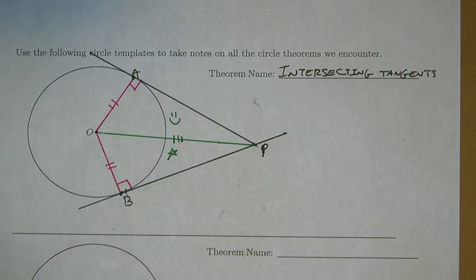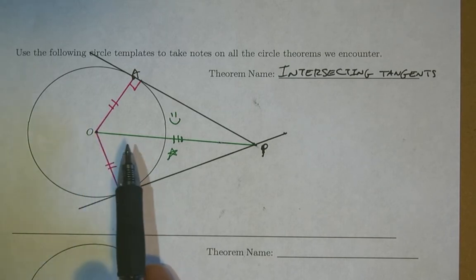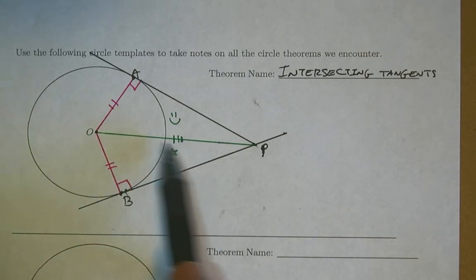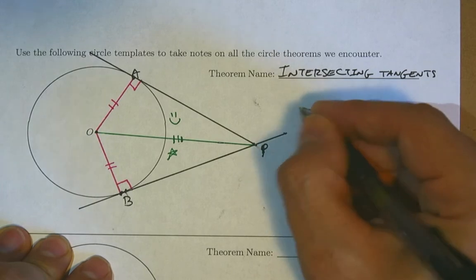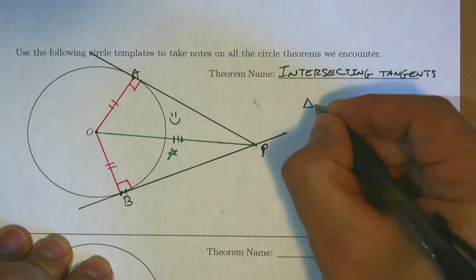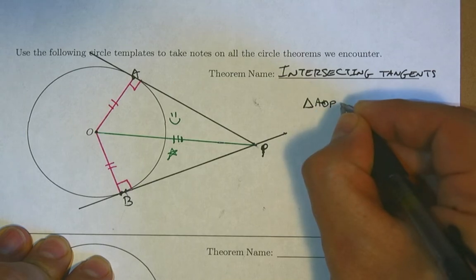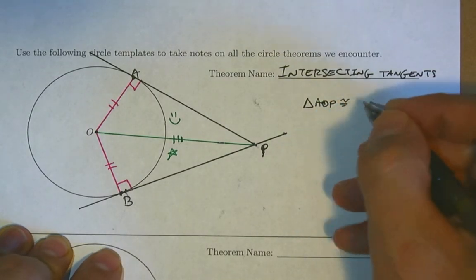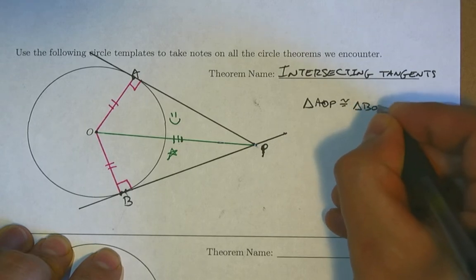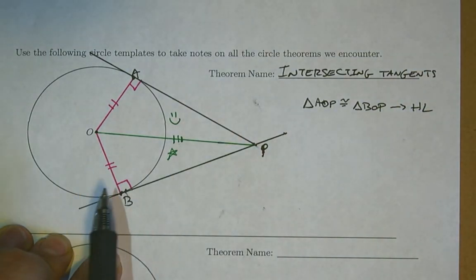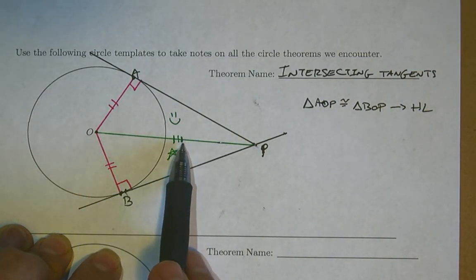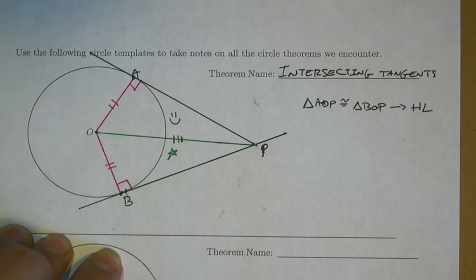What we have here are two right triangles that have congruent legs and a common, congruent hypotenuse. So let's write this out. Triangle AOP is going to be congruent to triangle BOP, by HL, the hypotenuse leg theorem. Hypotenuses are congruent for both of them. Legs are congruent for both of them.